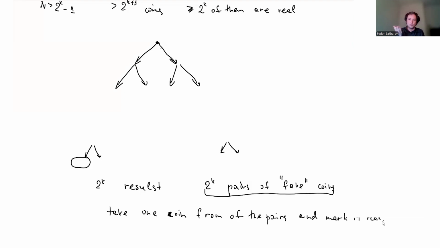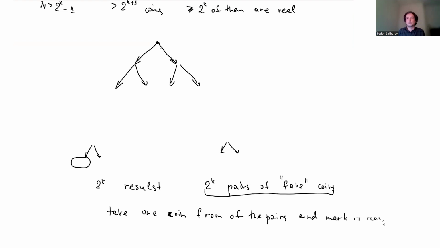And for this group of 2 to the power k coins, for this distribution of the real coins, our algorithm will not work, because on each scenario it will give one real coin in the pair.